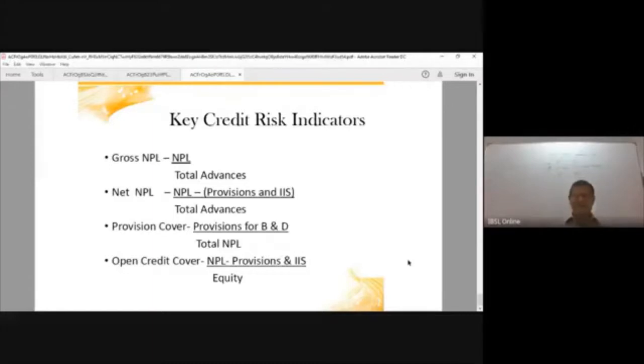Now, for instance, one of the key risk indicators I told you about was non-performing loans. I went to that commercial bank slide. The first slide shows gross NPL, that is non-performing loans divided by total advances of the commercial bank. Now, as at the end of last December, it stood at 4.95.